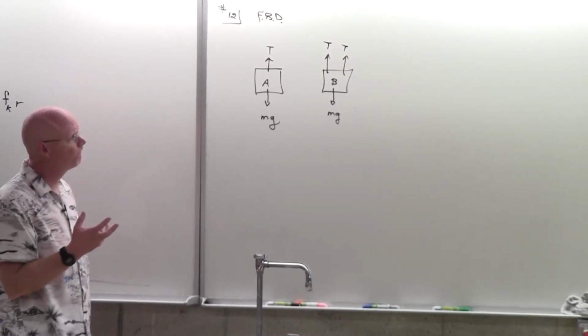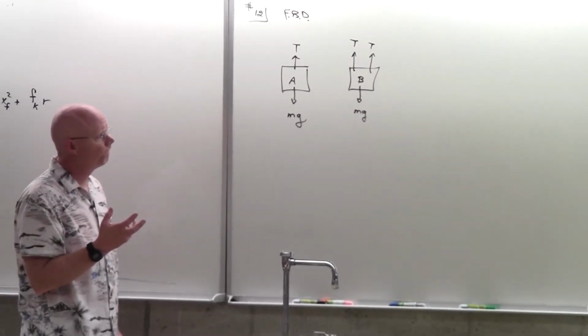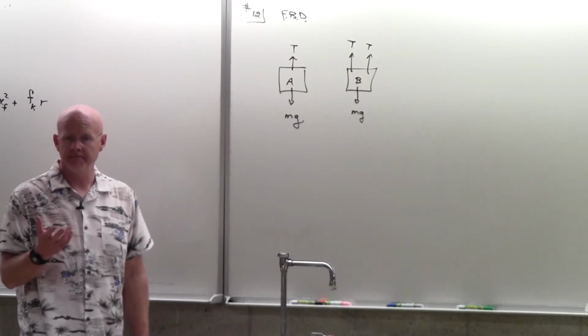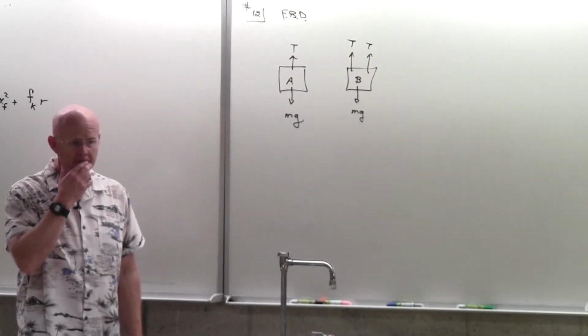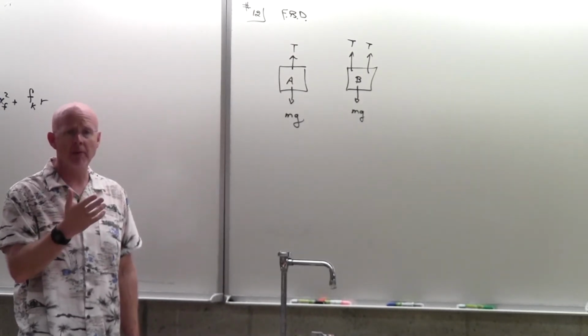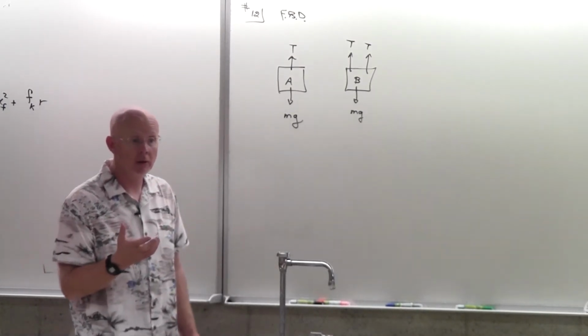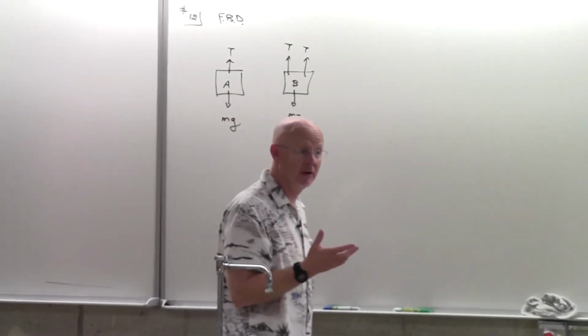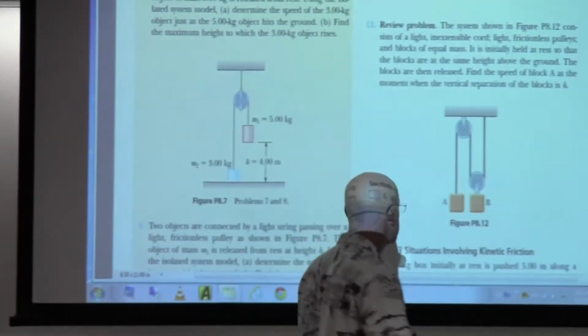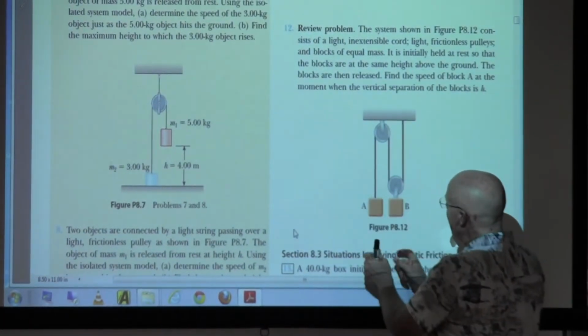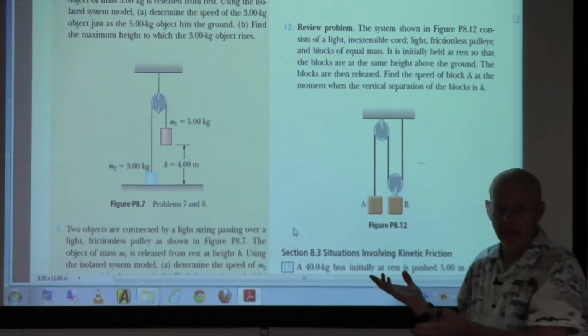Well, will they both go up then? What would be the problem with both of them going up, and for that matter, both of them going down? Down is silly, right? I mean, how can these possibly go down? What's going to happen if they tried to go down is the string would have to be longer, right?